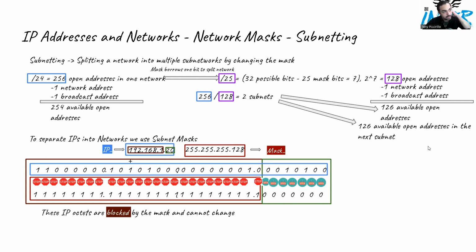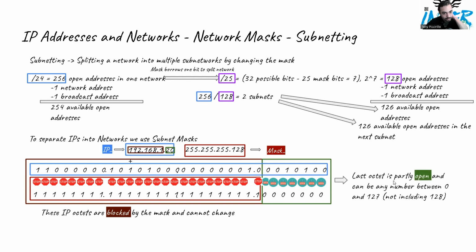So this means the last octet is only partially open and can be any number between 0 and 127, because we're not including 128, because 128 would be the start of the next network, so the second subnet.